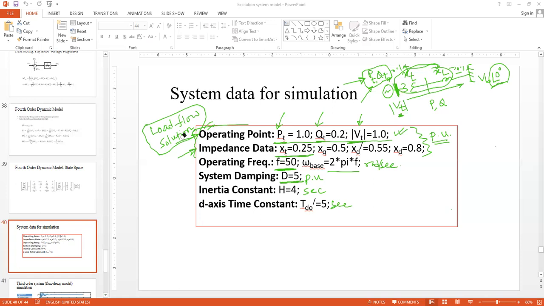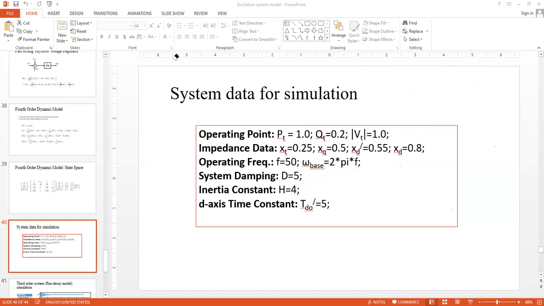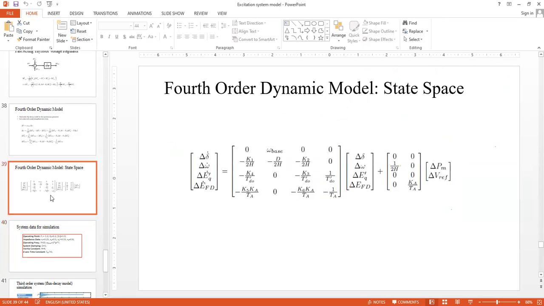So let's see how it responded. For the simulation of the dynamics, what we did was introduce a change in mechanical input. In the system matrix, in this del PM, from time t equals 0 to t equals 0.1 second, del PM was set to 0.